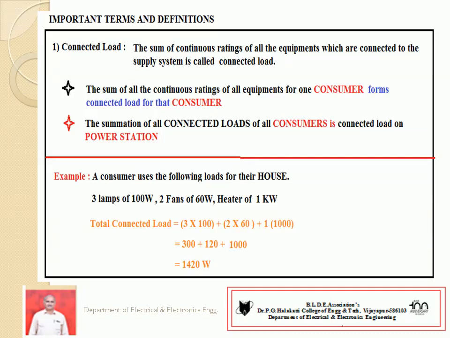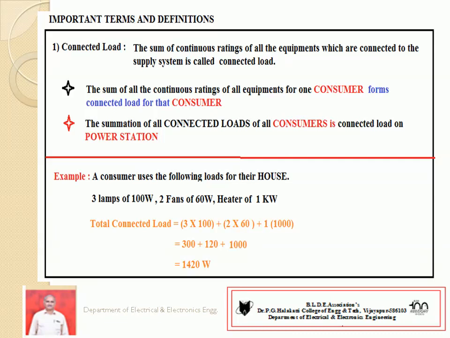Similarly, all consumers connect their loads on the power station. Hence, the algebraic sum of the connected load of all consumers' ratings becomes the connected load on the power station. Now you can understand how much connected load or equipment is installed in a house, in a particular building.